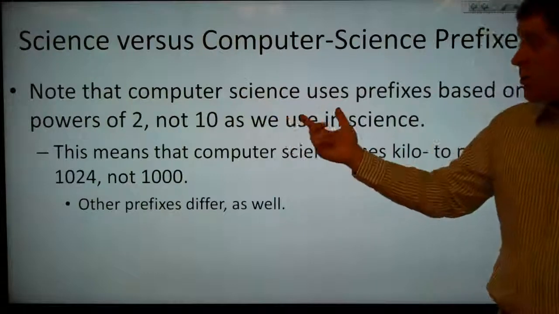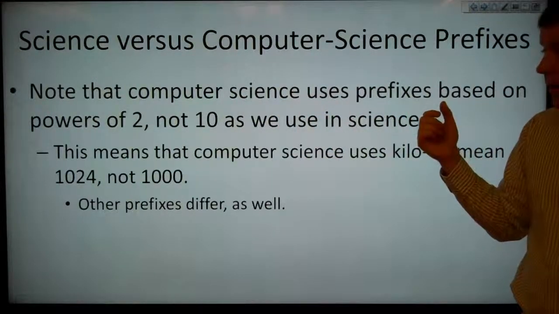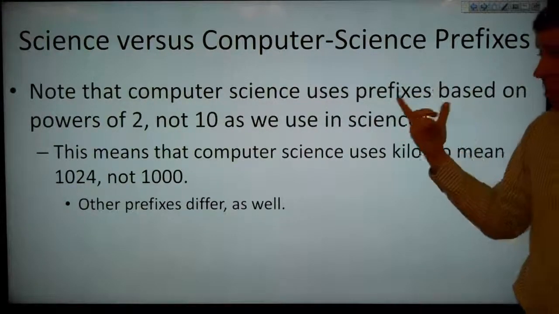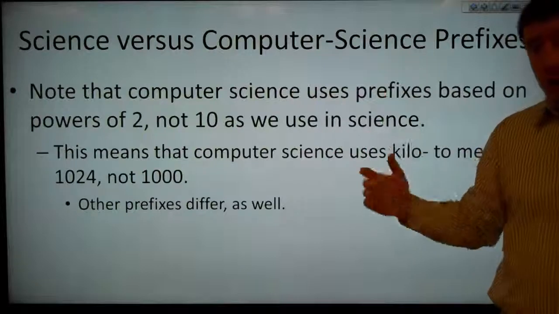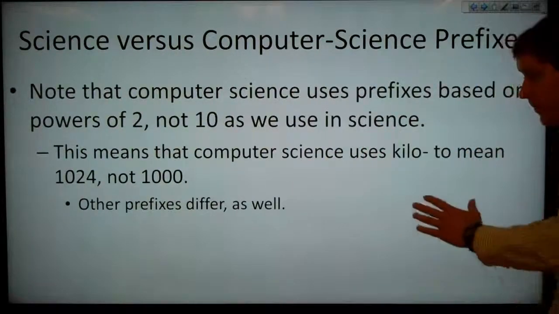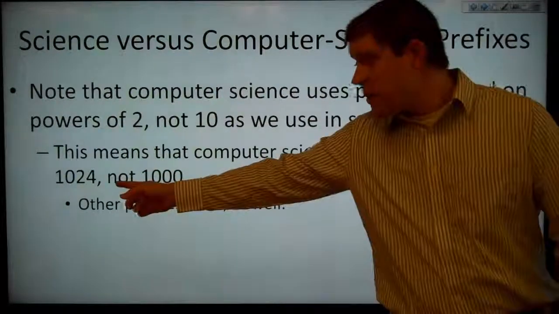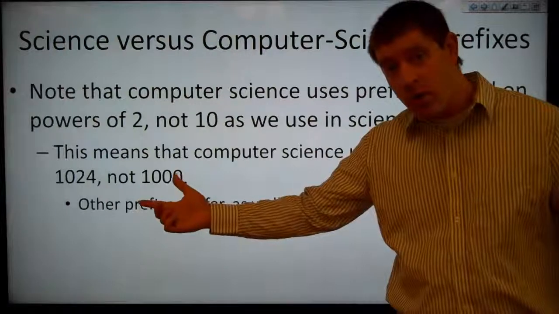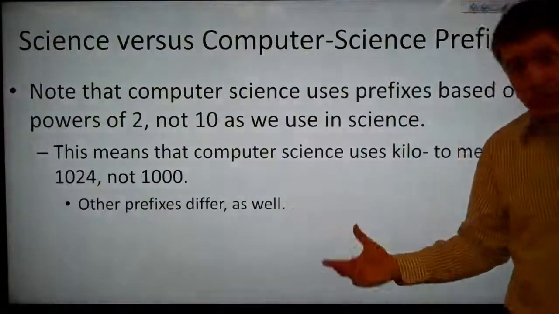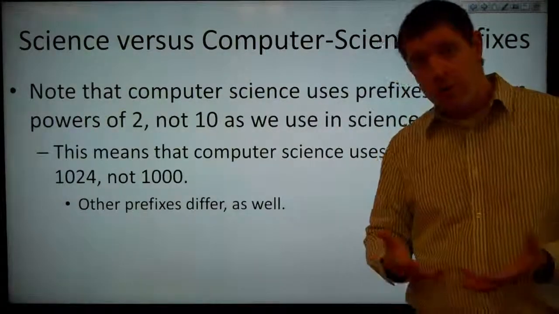Note that computer science uses slightly different prefixes than science does, because computer science uses prefixes based on powers of 2, not based on powers of 10, as we use in science. So this means that in computer science, kilo means 1024. It doesn't mean 1000. And other prefixes differ as well. So a giga is 1024 mega.